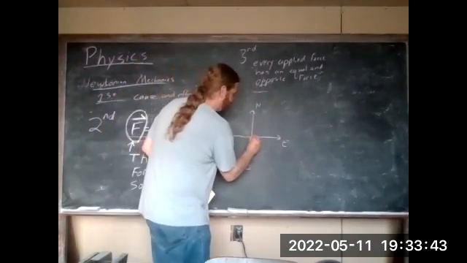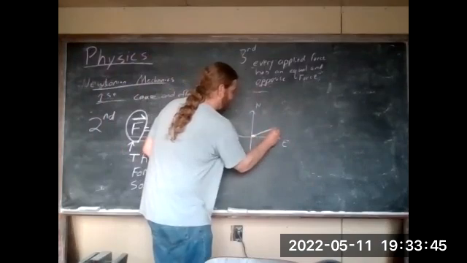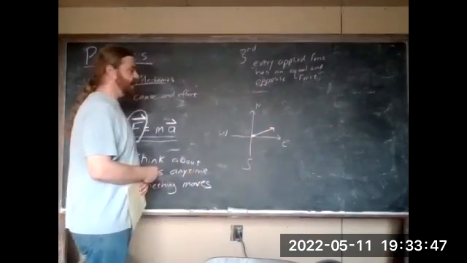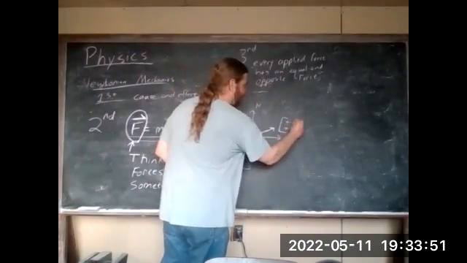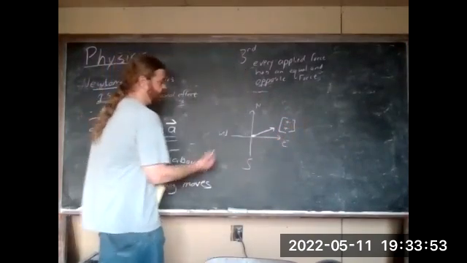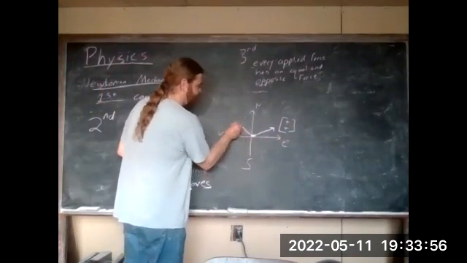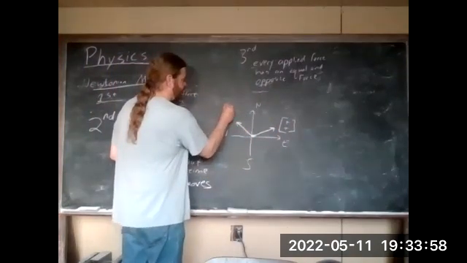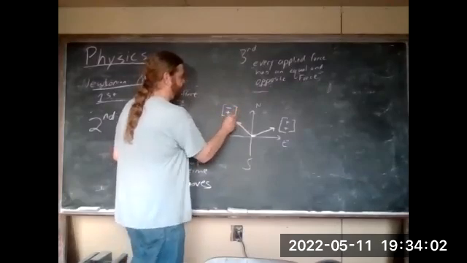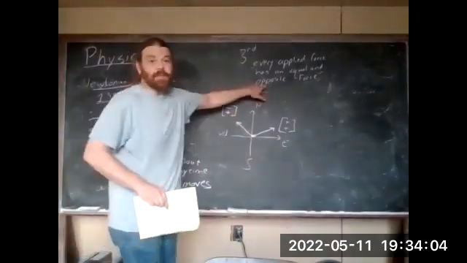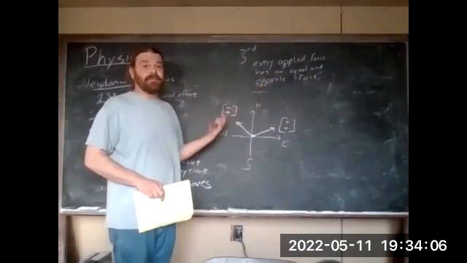So if we were traveling at some velocity northeast, then both of the components of our vector are positive. But if we were traveling northwest, we have a negative X direction and a positive Y direction. So that's what's meant by opposite, the direction of the force.